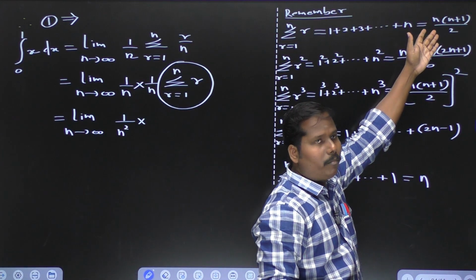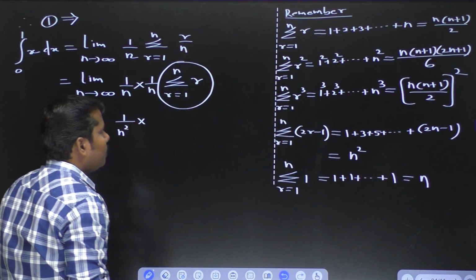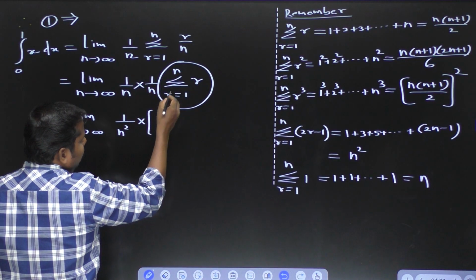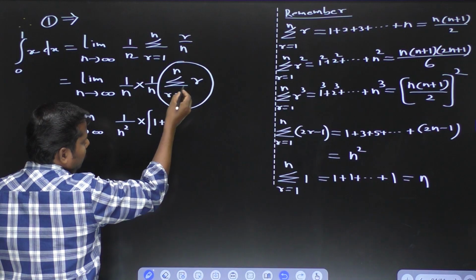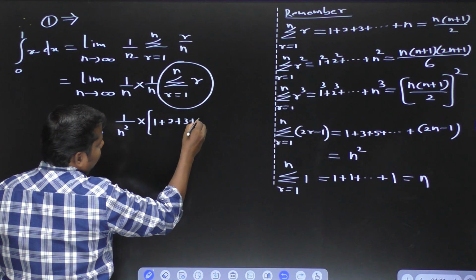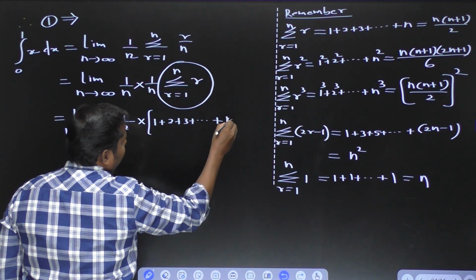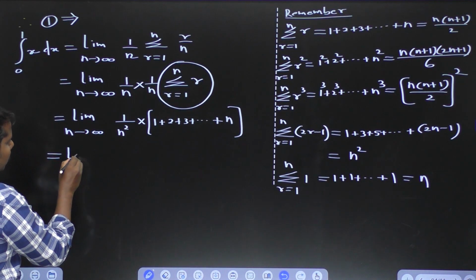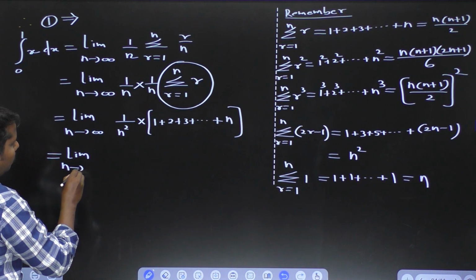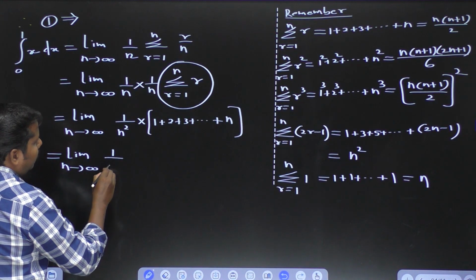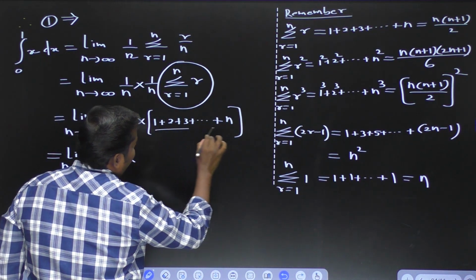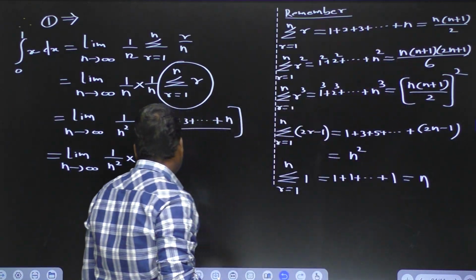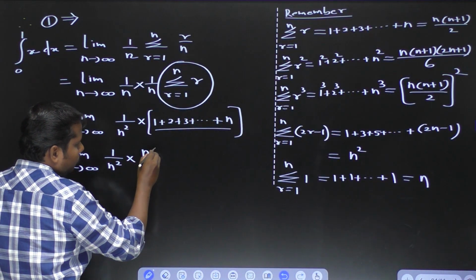Straight away you can take that form. What is that? N into n plus 1 by 2. If you want to expand, you can go for one more step. Give r equal to 1 plus r equal to 2, 3 plus etc. Finally you are getting n. And this is nothing but limit n tending to infinity 1 by n square into, what is the answer for this? N into n plus 1 by 2.